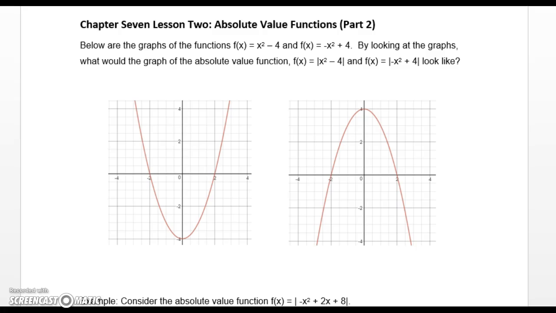If you remember from last video, whenever we take the absolute value of a function, we reflect any of the negative y values. So anything that's above the x-axis here would stay exactly the same, but anything below would be reflected.